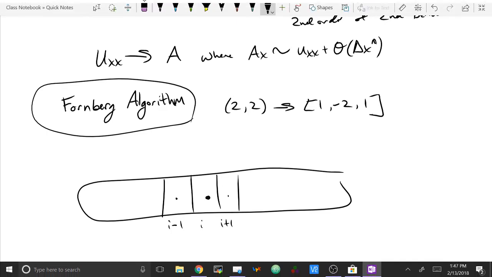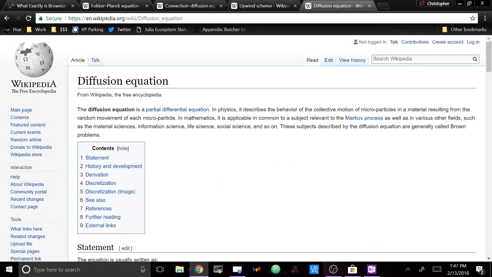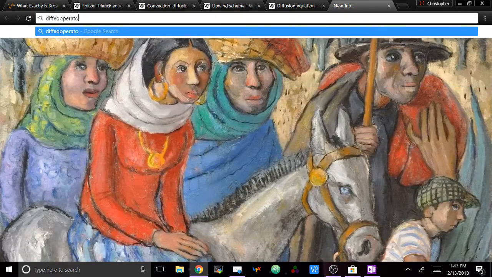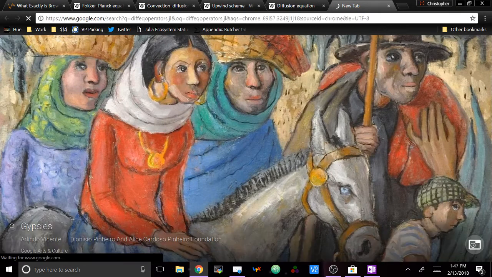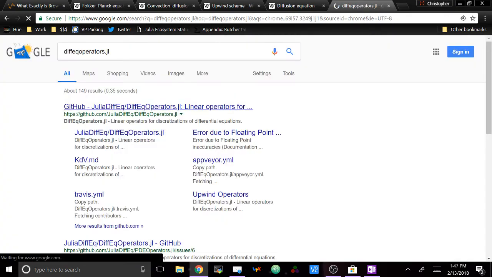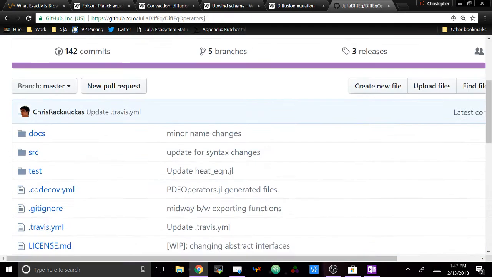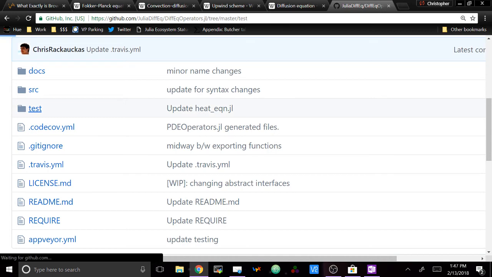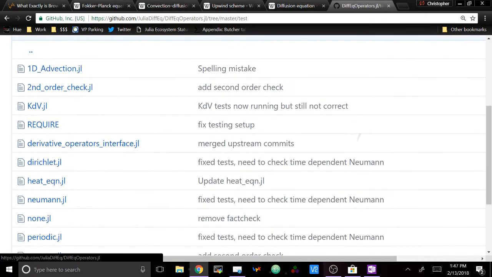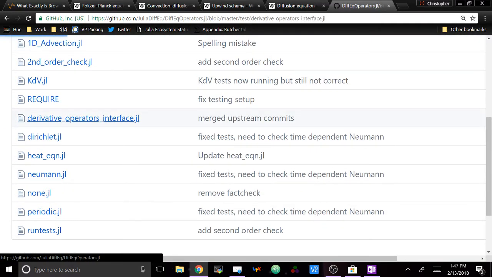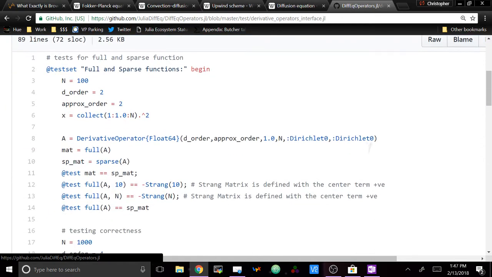So let me try to just pull up some of the code here now. I'm just checking for the library on Google. If I go down to the test here, you'll see that the interface just looks like this.